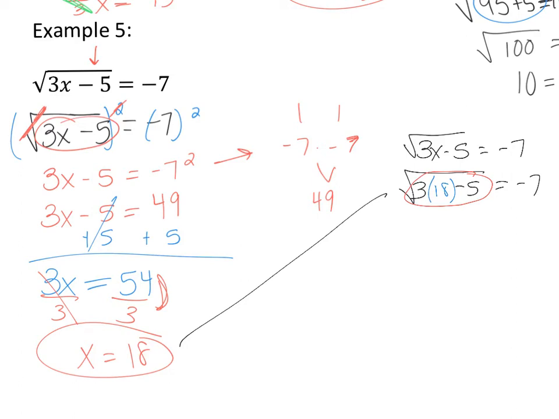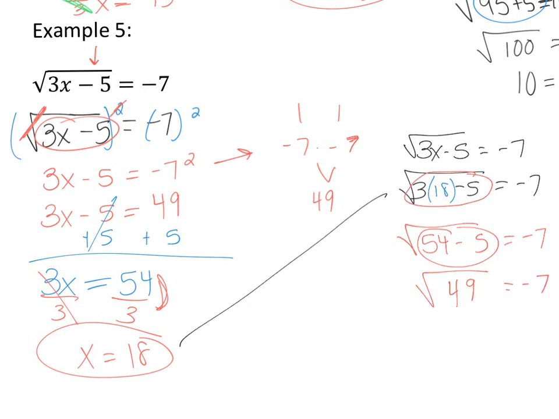We know that 3 times 18 is 54. So under my radical, I'm going to have 54 minus 5 equals negative 7, okay? Now, under my square root, you're still doing this first. 54 minus negative 5 is 49, which equals negative 7.